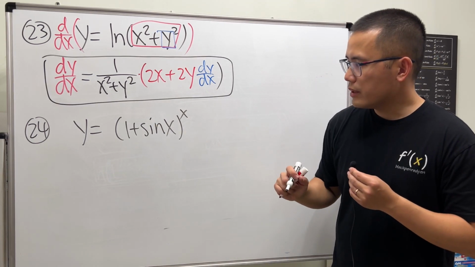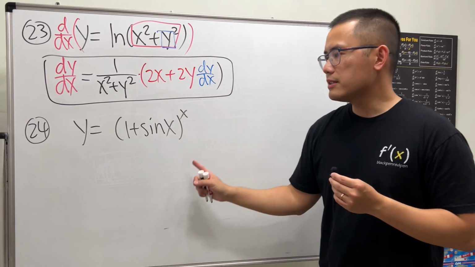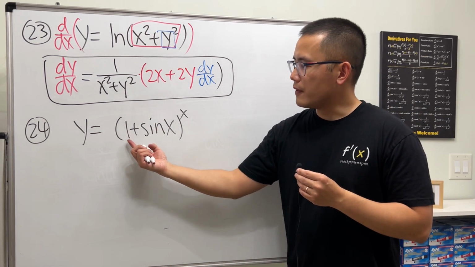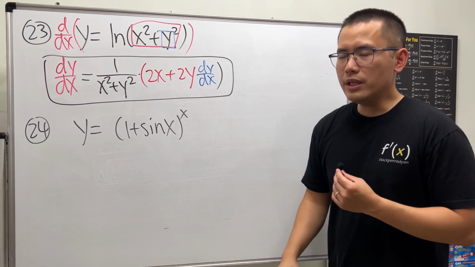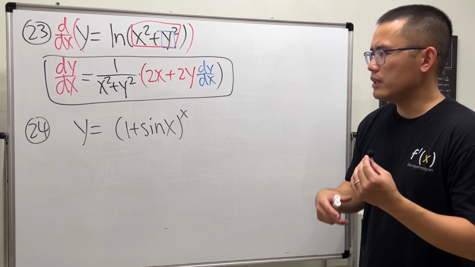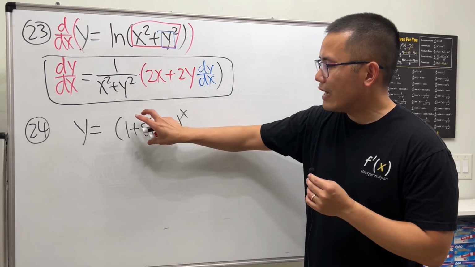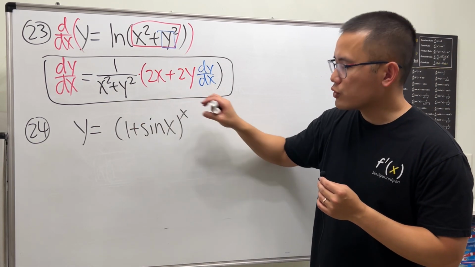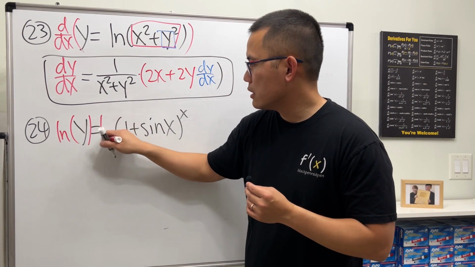Now, for number 24, even though we just have a y on the left-hand side, here's the trouble. We have a function for the base, and the power is also a function, it's an x. So we cannot just use the regular power rule or the exponential rule. But this is what we can do. Whenever we have a function to a function power, let's take the natural log to both sides.